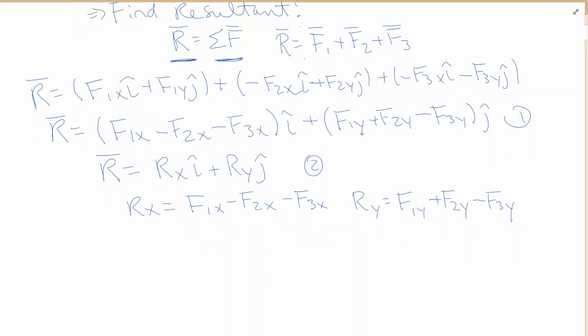And now let's say we want to have a magnitude. So we want to get rid of the direction. We just want to have an actual number. So to do that, we're going to find the magnitude of the resultant vector.